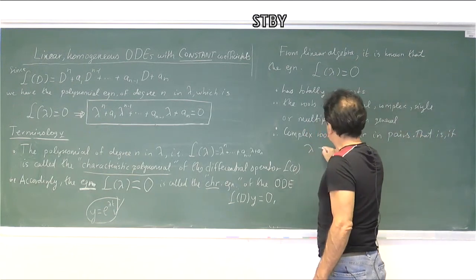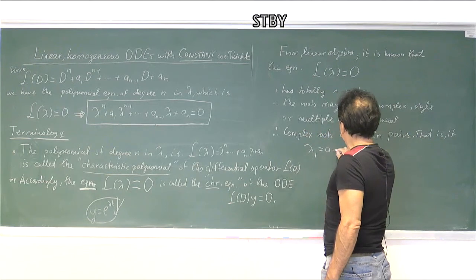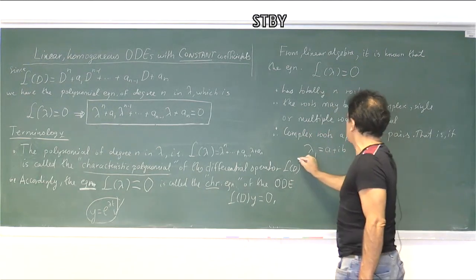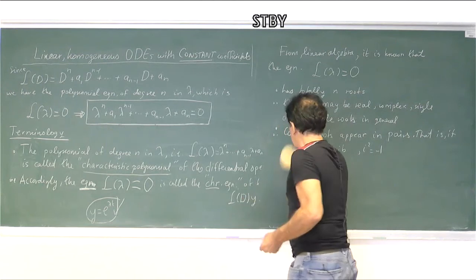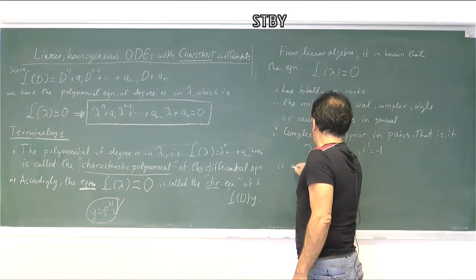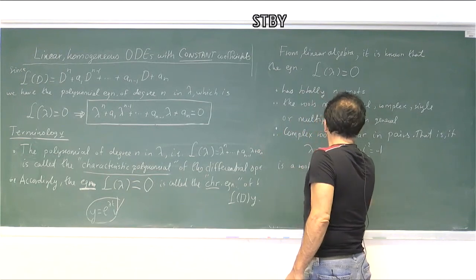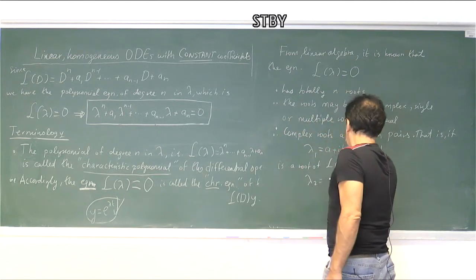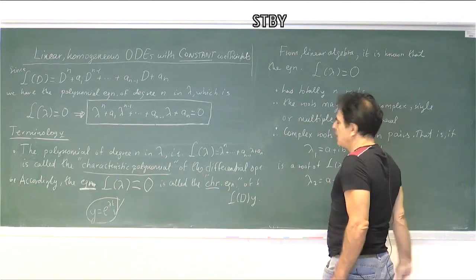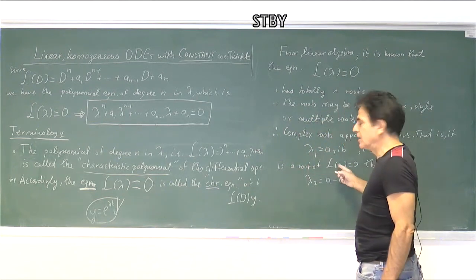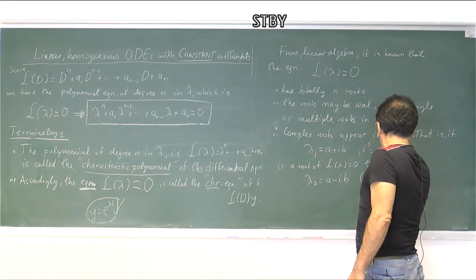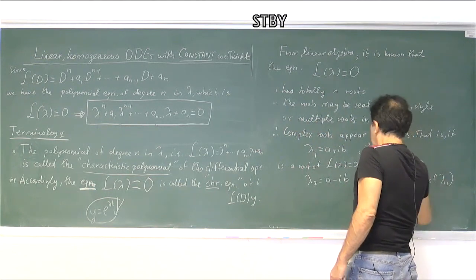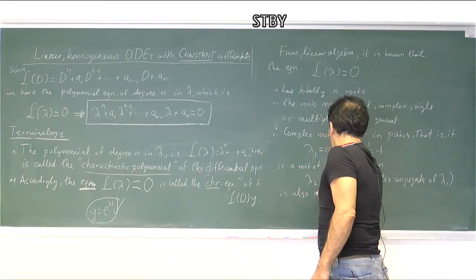If, say, lambda 1 equal to a plus ib, where i is the complex unit, is a root of L(lambda) equal to 0, then lambda 2 equal to a minus ib, which is the complex conjugate of lambda 1, is also a root.